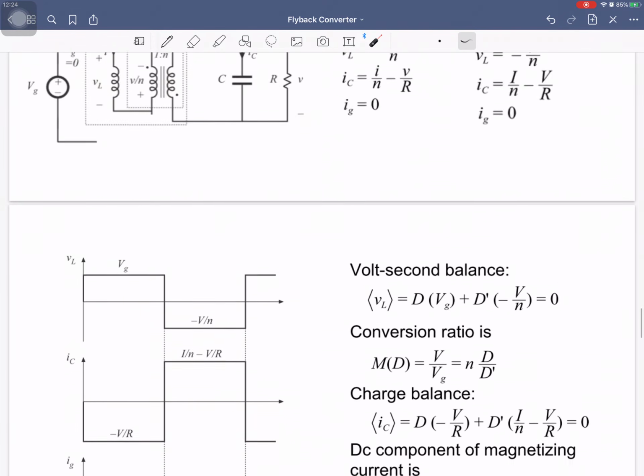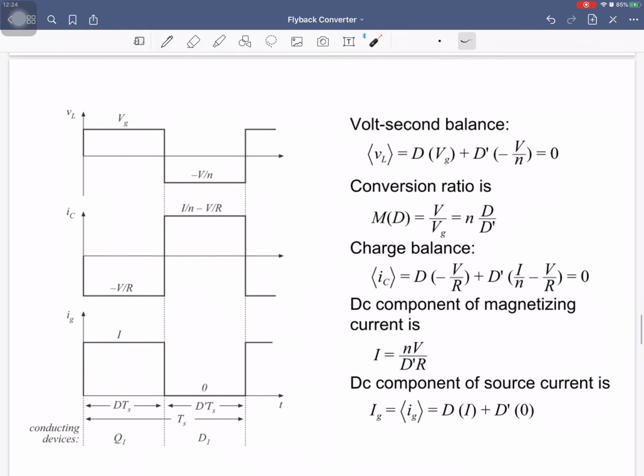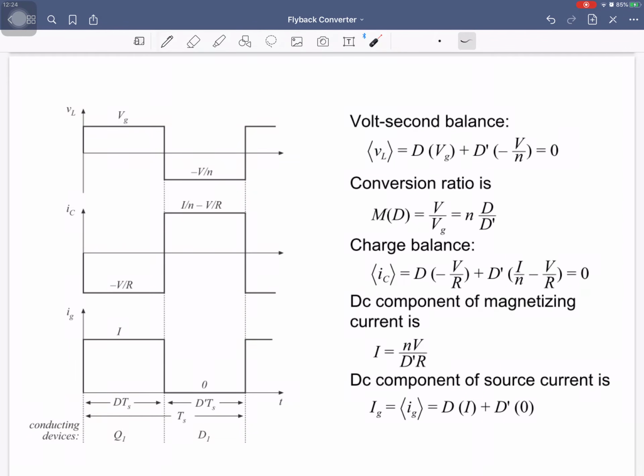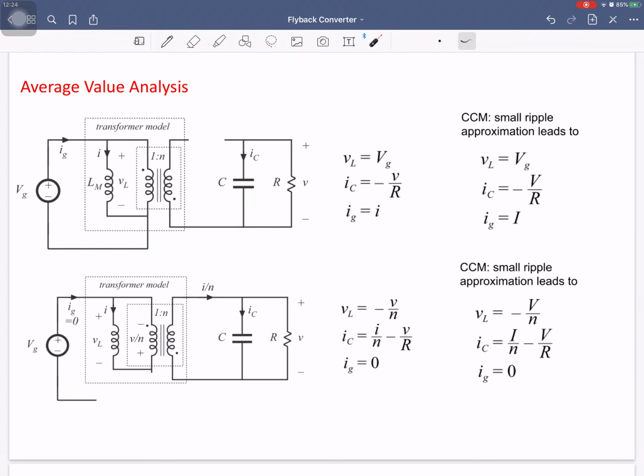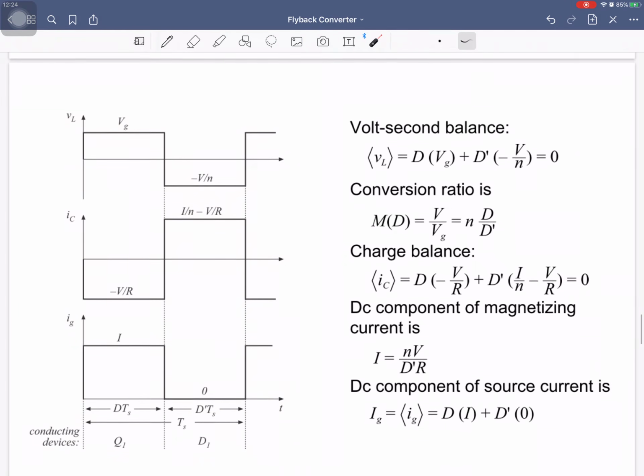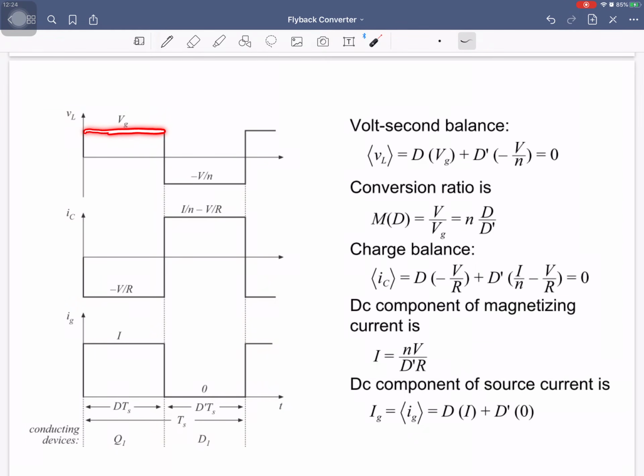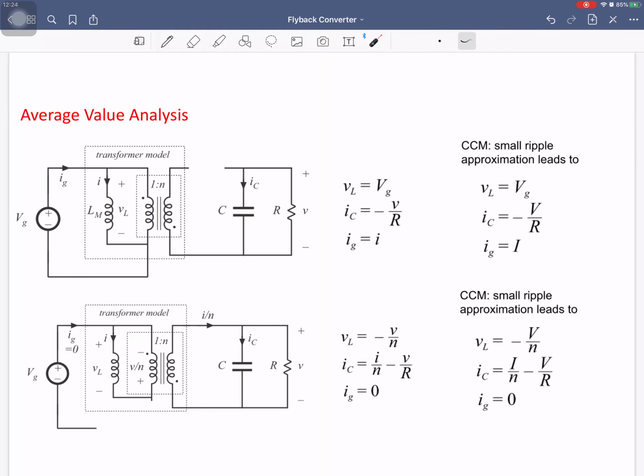So now if I look at the volt second balance equation, taking the voltage across the magnetization inductance. If I go back over here, when the switch is on, what's the voltage across our inductor? Our source is connected, so the voltage is plus Vg. So you can observe over here, when our switch is in the on state, our voltage is Vg. And at that instant of time, what is the current through your capacitor?